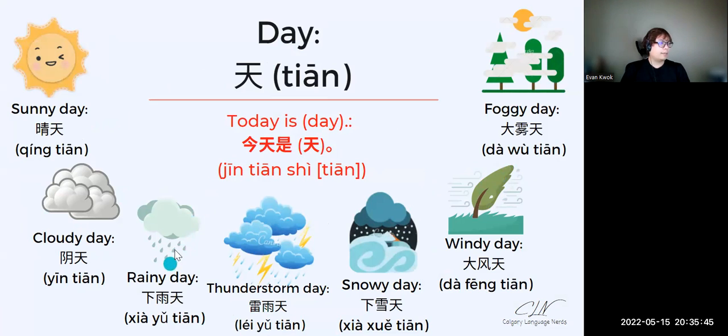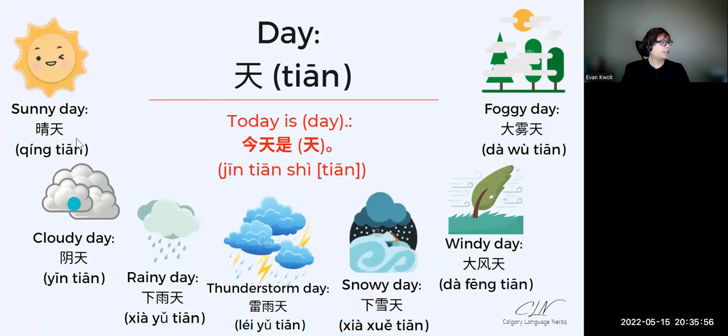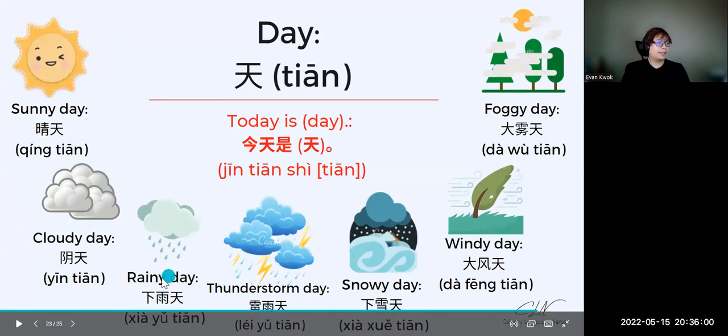Some of them are the same, some of them are not. So for example, like rain, 雨, we talked a little bit about it. 雪, 风, 雾, right? These ones are different. And then 下雨 is raining instead of just rain by itself. So 下雪 is snow day. 大 is big.